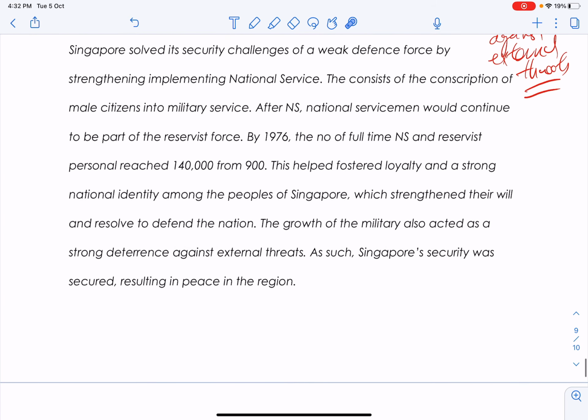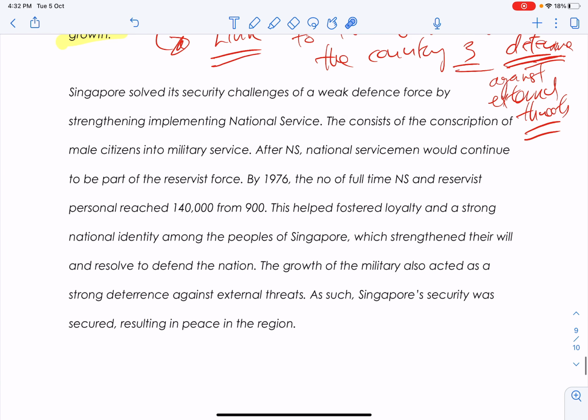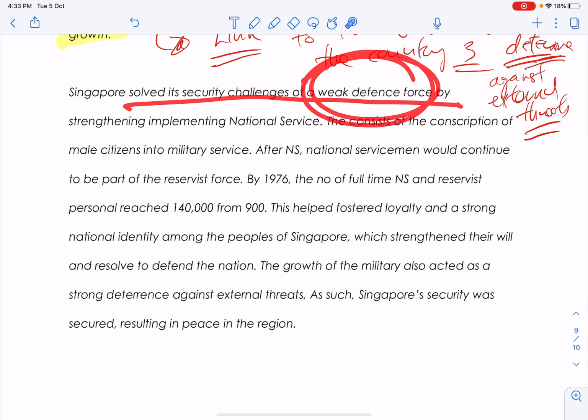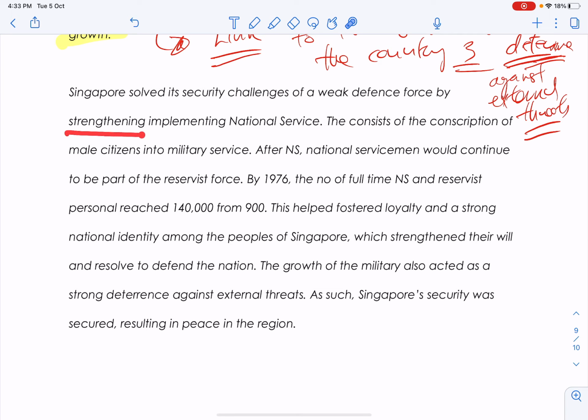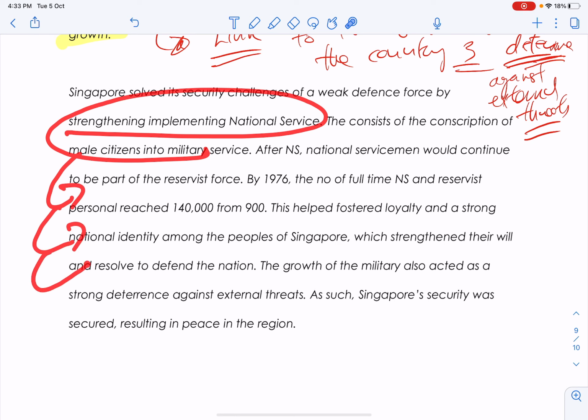Okay, so likewise, you will do the same thing if, let's say, it's asking about citizenship challenges or social challenges. Okay, let's look at this one again. Second paragraph, solve its security challenges of a weak defense force. Write down the challenge. How is it solved? Strengthening national service. Then you write all about the who, what, when, where, how of national service. And then finally, what's the outcome?